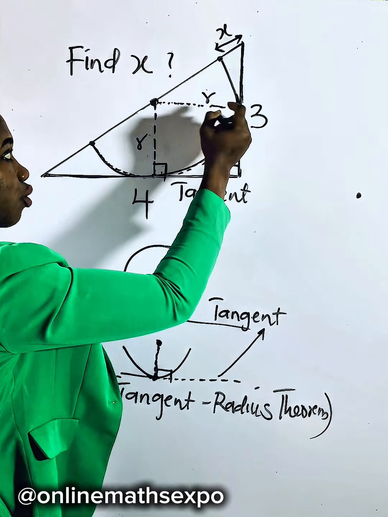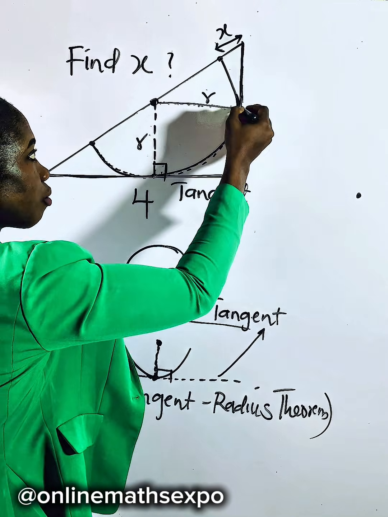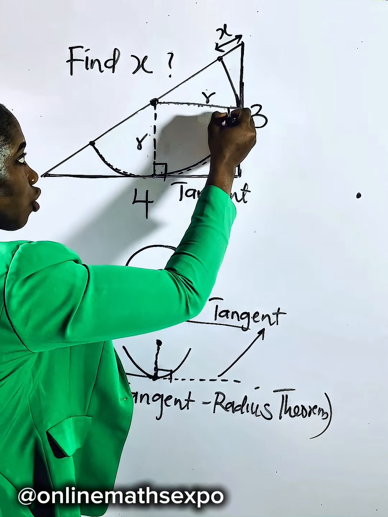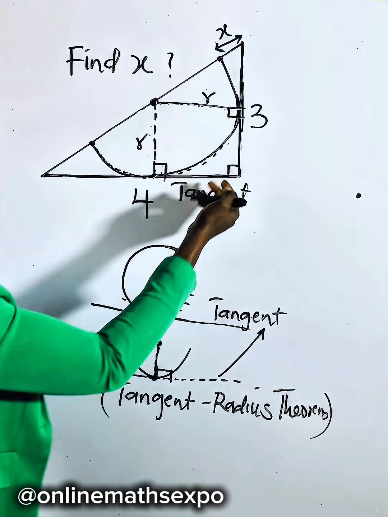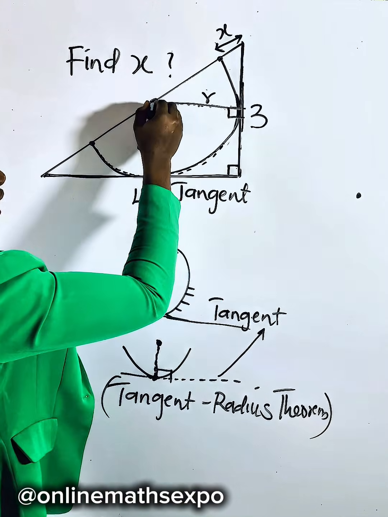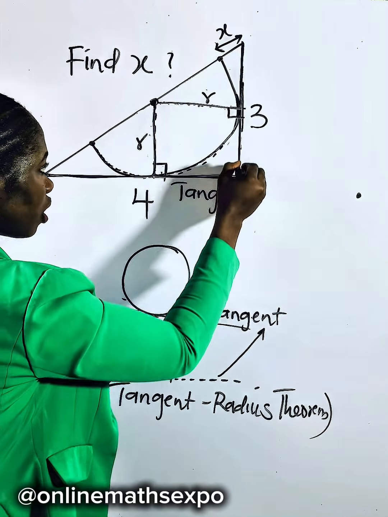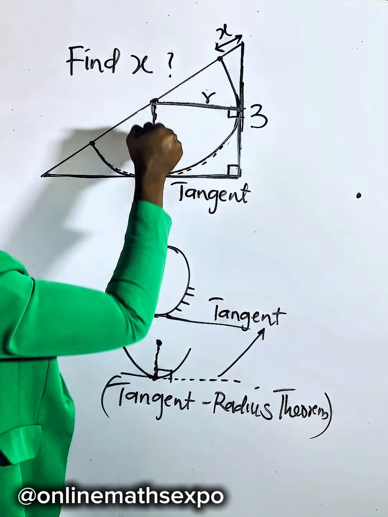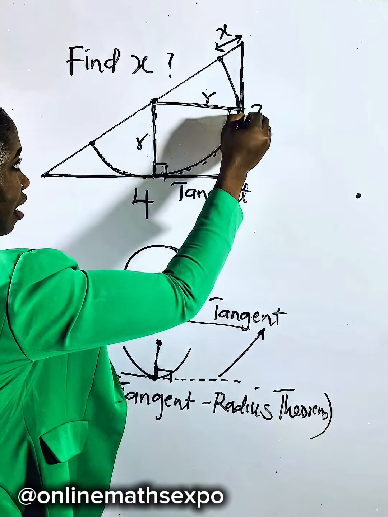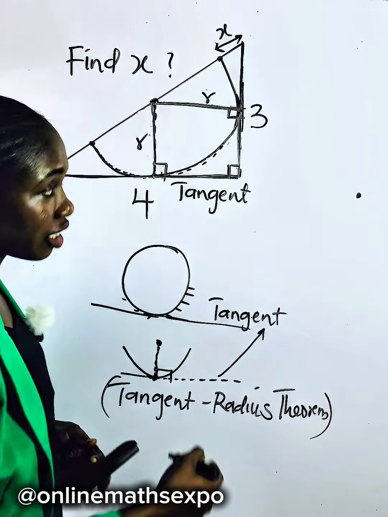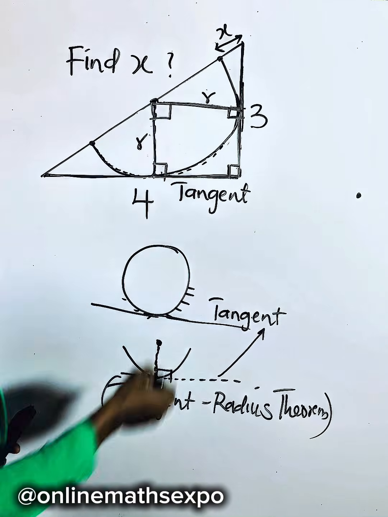And if this is true, it means that the radius comes in contact with the tangent also makes angle 90. If this is also true, you see this has formed a quadrilateral. Here is already 90, here is 90, here is 90. Automatically, the remaining angle will still be 90 degrees.